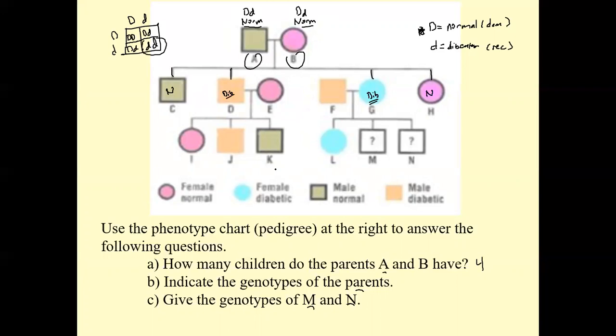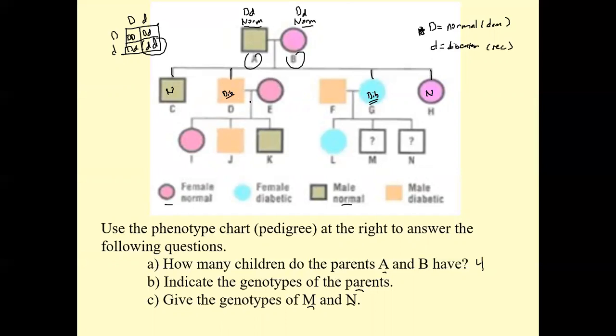Now, let me double check this. The mom was normal, the dad was normal, and both their sons and daughters, one son has diabetes, the other daughter has diabetes, but they also have the normal son. And that's okay. I would say that diabetes is a recessive trait according to this.